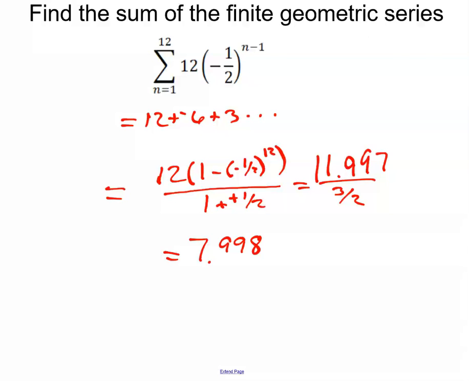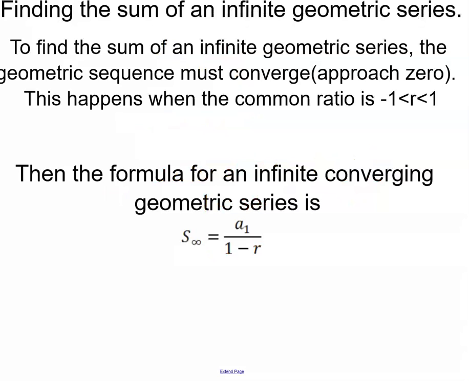So that brings up our last thing that we're going to talk about, infinite geometric series. To find the sum of an infinite geometric series, first of all, the geometric sequence must converge. So it must approach 0.